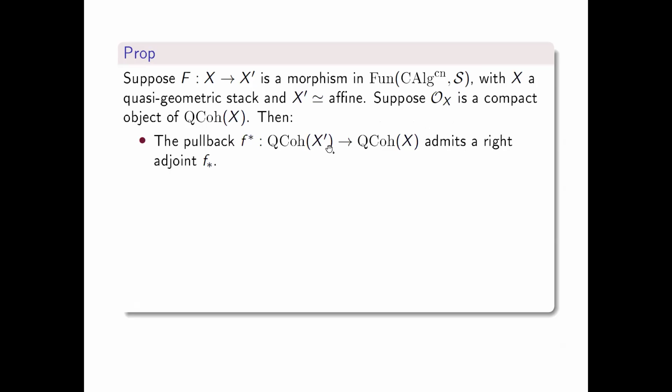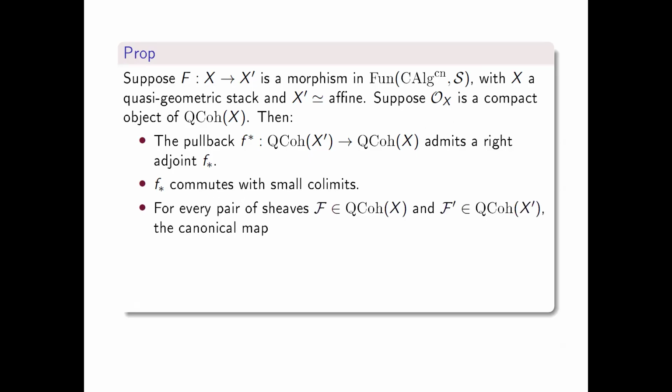Then the pullback f upper star admits a right adjoint f lower star. This f lower star commutes with small colimits, and then for every pair of sheaves F in QCoh(X) and F' in QCoh(X'), the canonical map theta from F tensor f lower star F', okay, this is a typo. It's supposed to be mathcal F'.